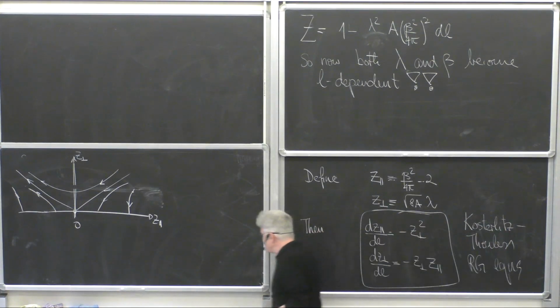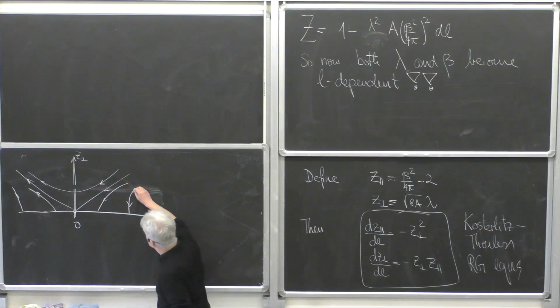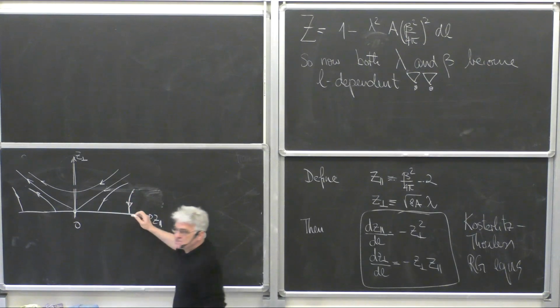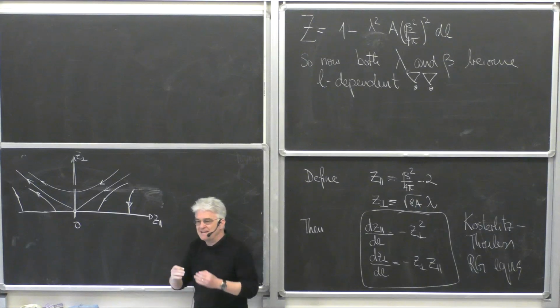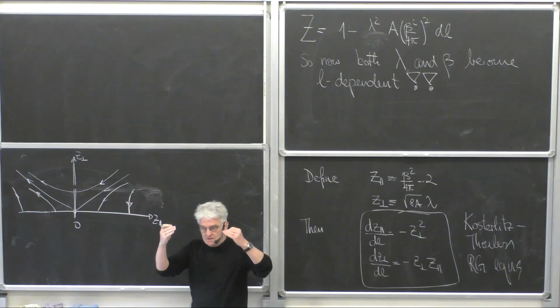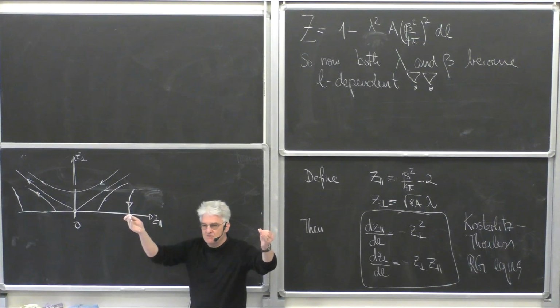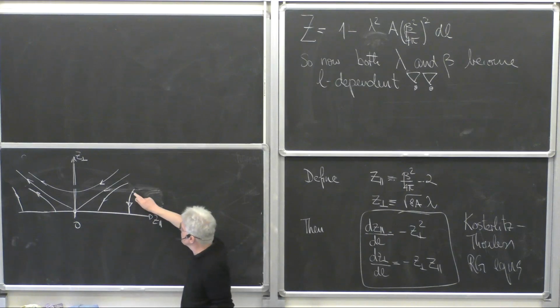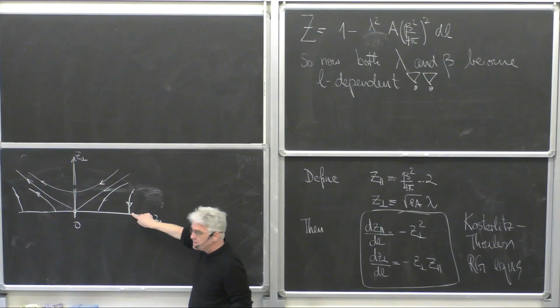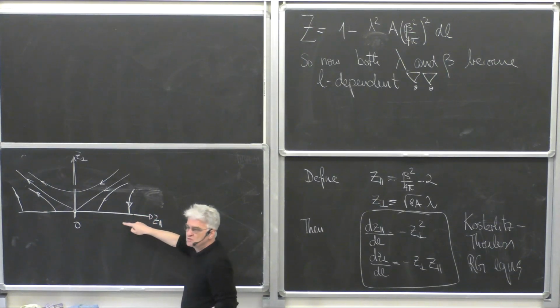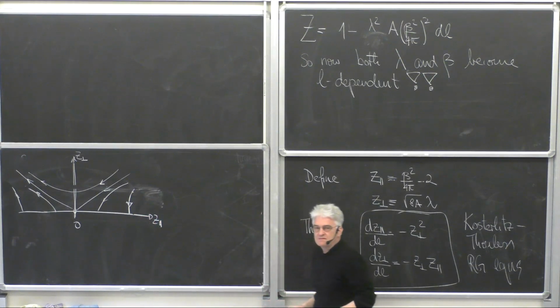And what the RG flow diagram tells you is that the coupling constants Z parallel and Z perp flow following this trajectory. So if my initial values of lambda and beta are such that I'm here, then Z perp actually goes to 0, and Z parallel goes to some finite value.